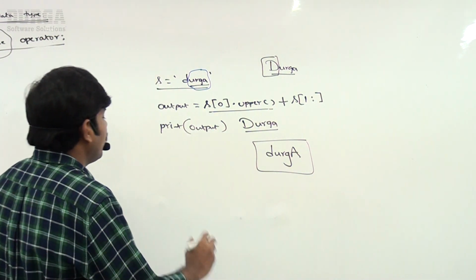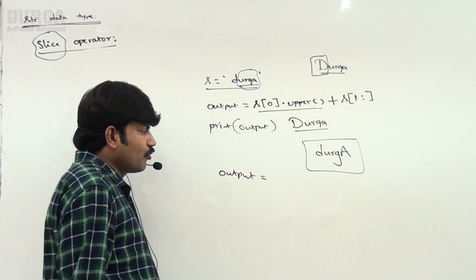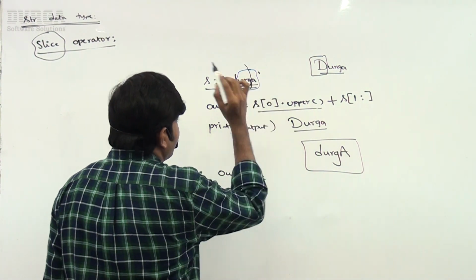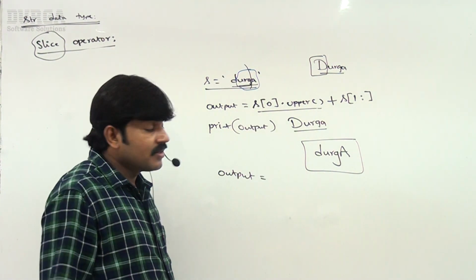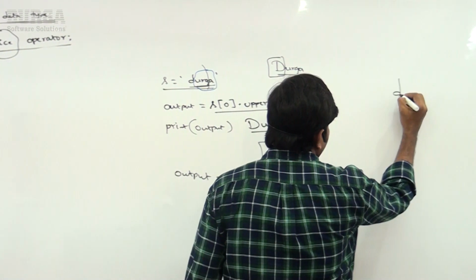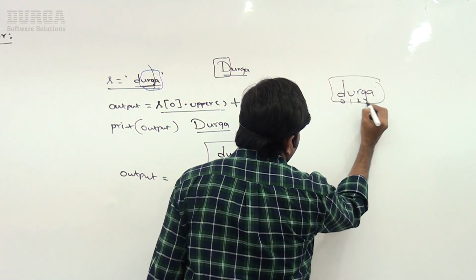Now output is equal to, from the beginning to the last but one character. Take very special care. In durga, the indexes are 0, 1, 2, 3, 4.